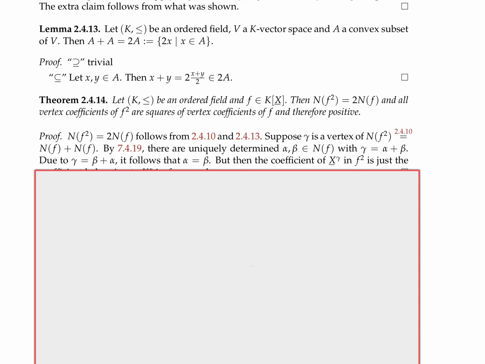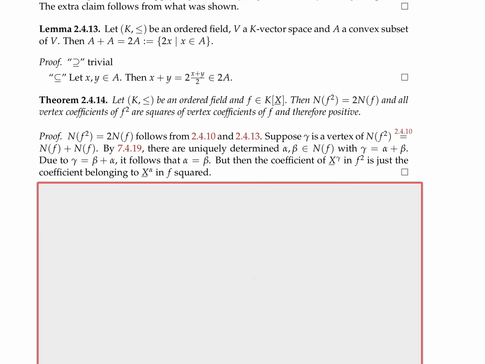But then the coefficient of x to the gamma in F squared is just the square of the coefficient belonging to x to the alpha in F. Because if you expand the product F times F, there is only one term in this expansion that contributes to the x to the gamma.